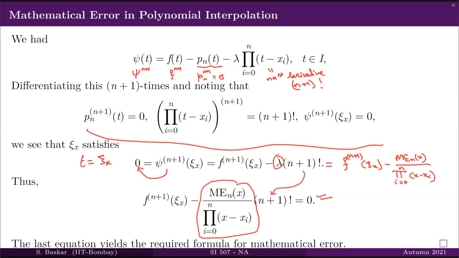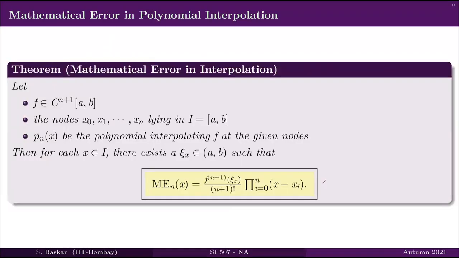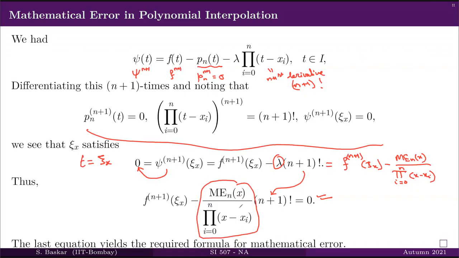Now from here, you keep the error in x on the left hand side and take everybody else on the right hand side. You will see that the mathematical error expression is precisely what we want to show here. So that completes the proof of the mathematical error in polynomial interpolation.